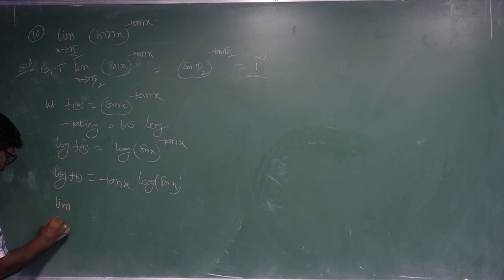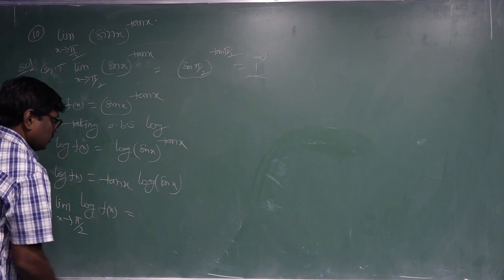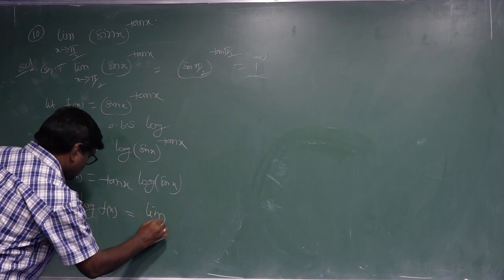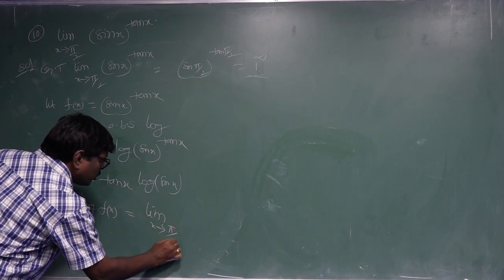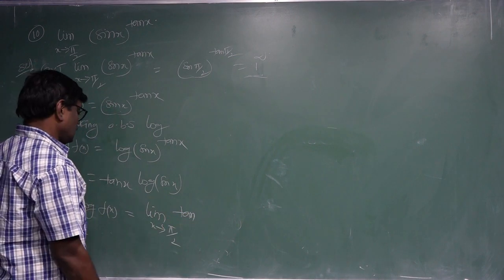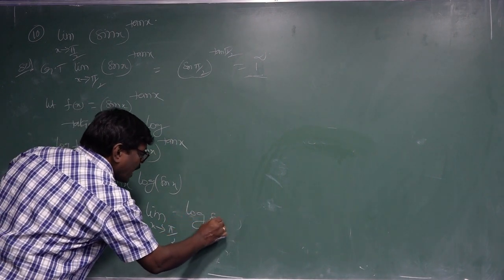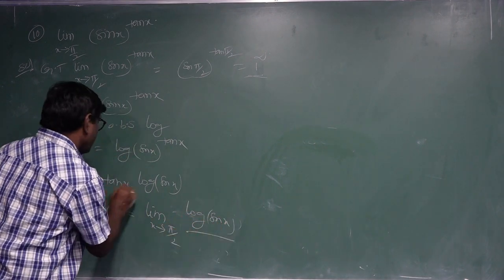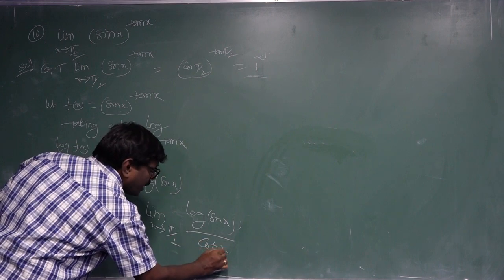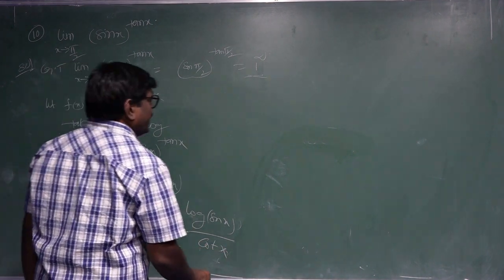Limit as x tends to pi by 2 of log of f of x equal to limit as x tends to pi by 2 of tan x log of sin x, where tan x is changed to 1 by cot x. This is limit applied.